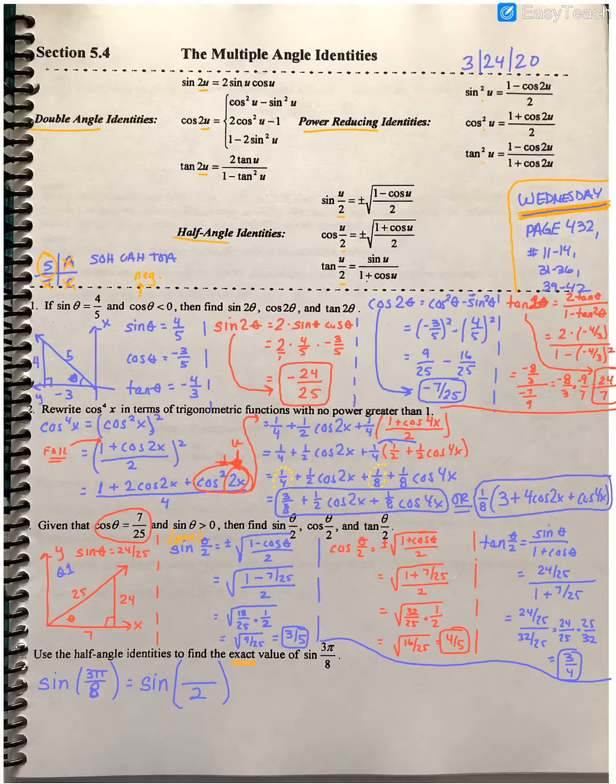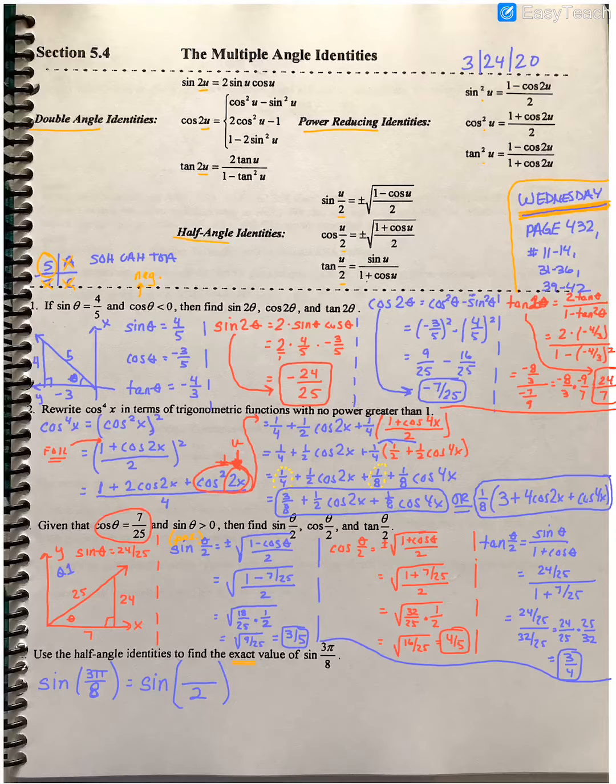And so here's what I'm trying to show you, is that I want sine of 3 pi over 8 to equal something divided by 2. So I need 3 pi over 8 to be something divided by 2.